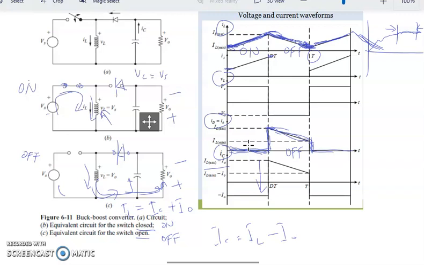So we have here IL max minus IOut, IL min minus IOut for the current that flows into our capacitor. Okay, IC equals IL minus IOut. That's how we can draw our pattern of current and voltage through our device here.